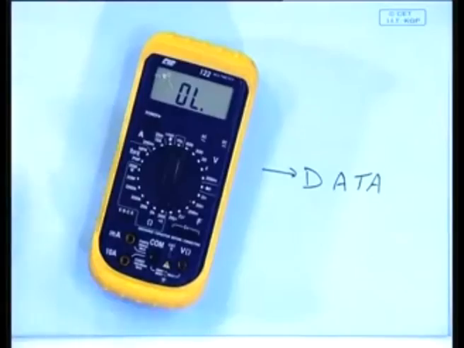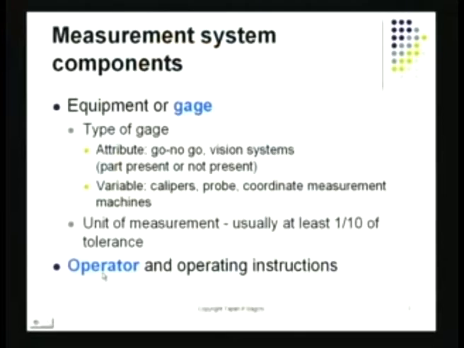But there is another component that introduces error in the data. It is the operator who is using this instrument, and that is what we call operator caused variation. If you look at the total data, there will be some part caused by the part to part variation. That is the true process variation that you are after.